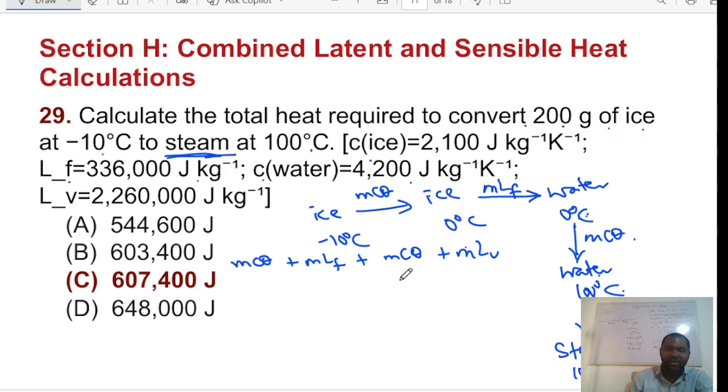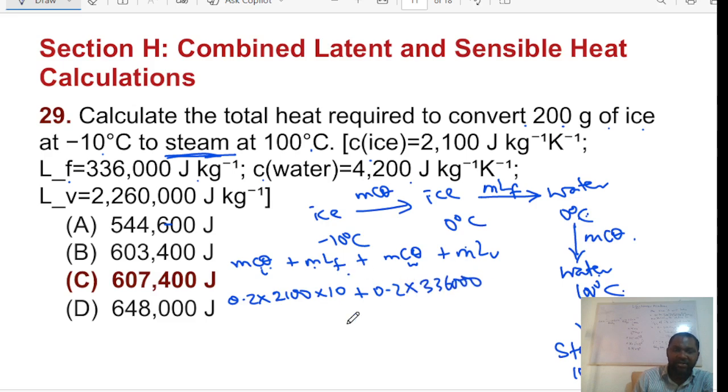Here the mass remains the same. The mass is 200 grams, which is 0.2 kg, times the specific heat capacity of ice, 2100. This one is for ice, this one is for water. Don't forget, the temperature change of ice is from minus 10 to 0, so the temperature change is 10. Now plus the mass, which remains the same, 0.2, times the latent heat of fusion, 336000.